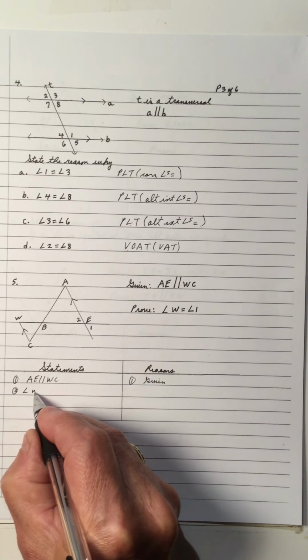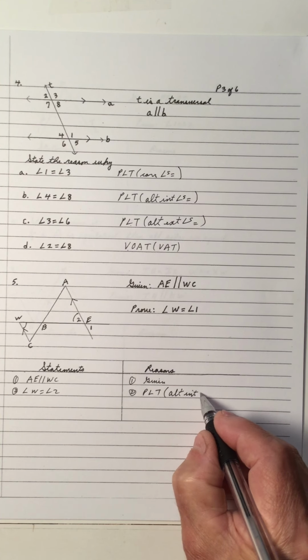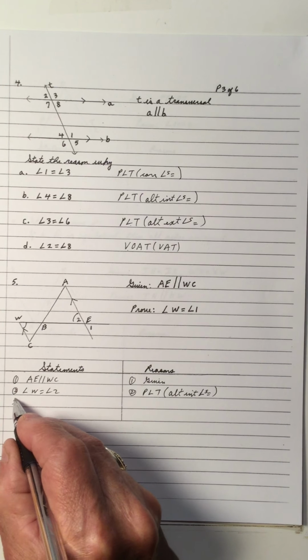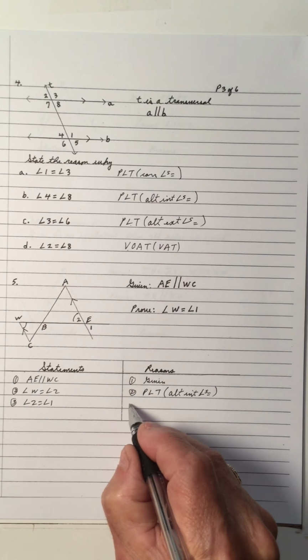Angle 2 is equal to angle W because of PLT, alternate interior angles equal.